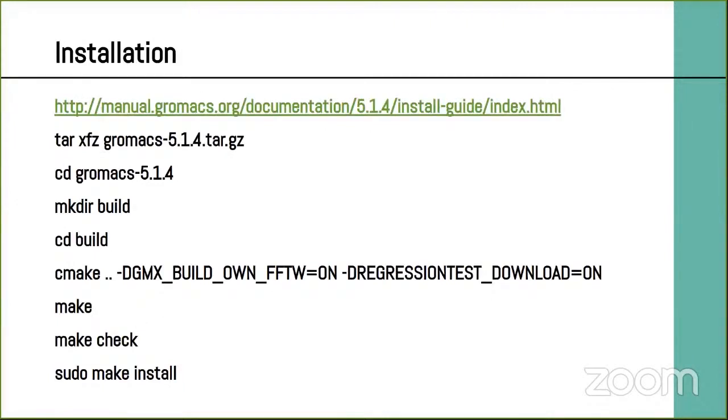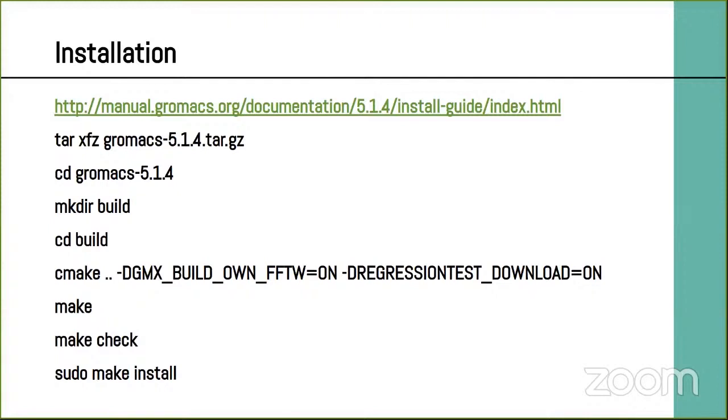If you see here, for the installation process of GROMACS, there is a link I have given. I'll share this slide with sir. You can install this. First, you have to download the GROMACS version from the GROMACS website. The version I mentioned here is 5.1.4, but it's actually 2019.